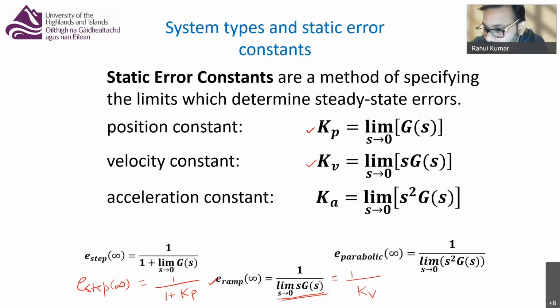And similarly, this portion we call the acceleration constant, Ka. So Ka is limit s tending to 0 of s square G(s). Again, I can modify my steady state error for parabolic input as 1 divided by Ka.